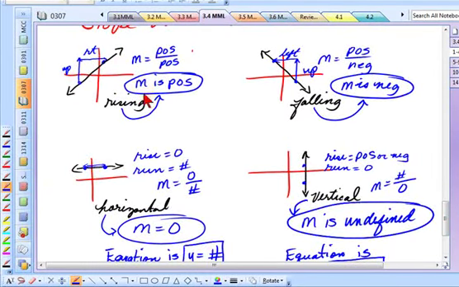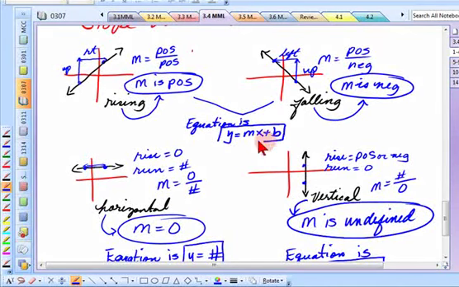You haven't talked about what their equation would look like. The equation is y equals mx plus b. That funny form that we haven't used yet, but I've talked about it.